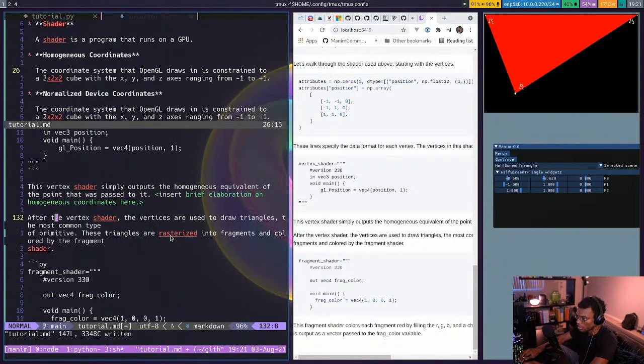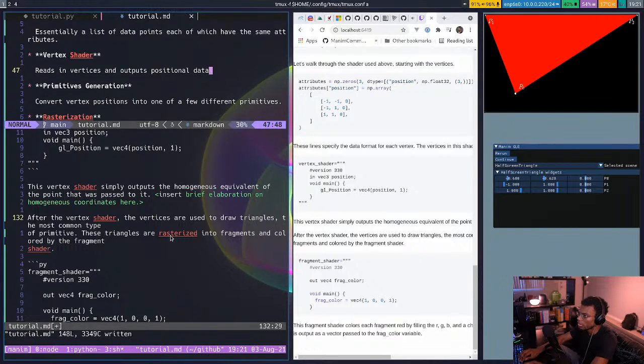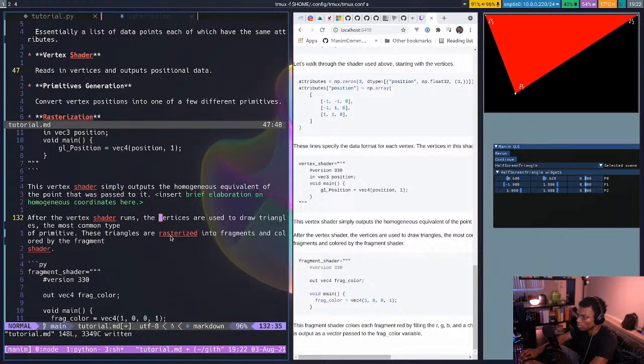Then I'll just talk about the primitives, after the vertex shader output. Okay, so I said that the vertex shader outputs positional data. The vertex shader runs. It sees an HTML tag. Gotcha. Oh, that's weird. I guess that's why the insert is a different color.